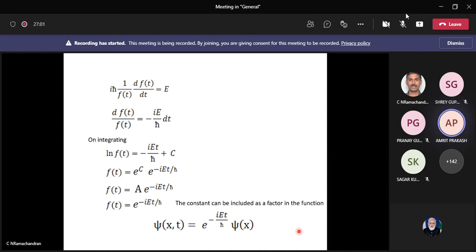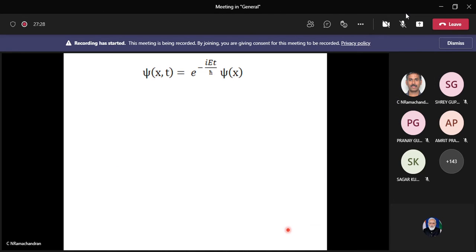So that A there is not the normalization constant. To make this psi(x,t) normalized, another normalization constant N will come there. So that is more than sufficient. Individually we need not normalize. A will merge into the wave function. Yes, exactly, its effect will merge into this.